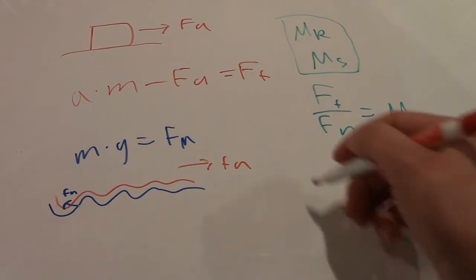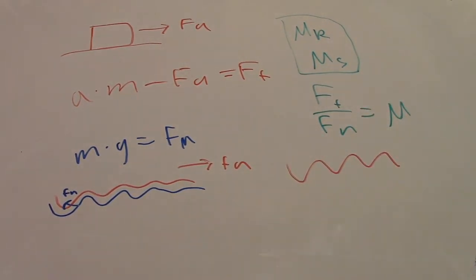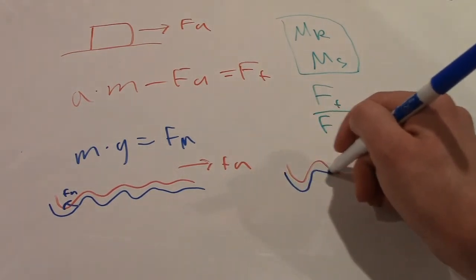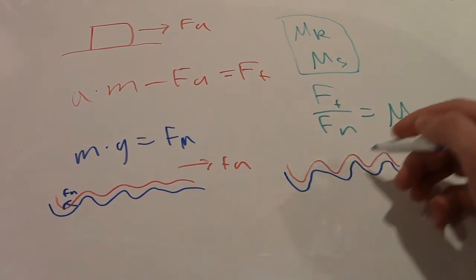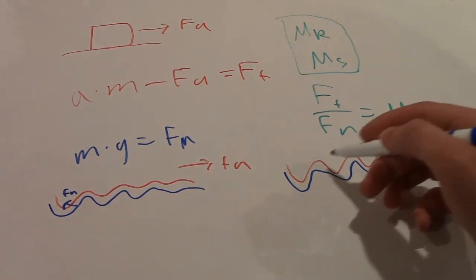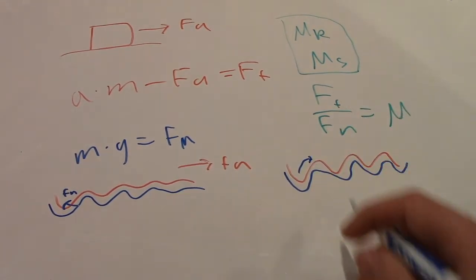Now, the reason static friction is more is that on a stationary object, the object has had time to settle into the surface bumps. So they're settled right there. It takes a lot more force to get the object out of those bumps, because you have to get it up and then go over.